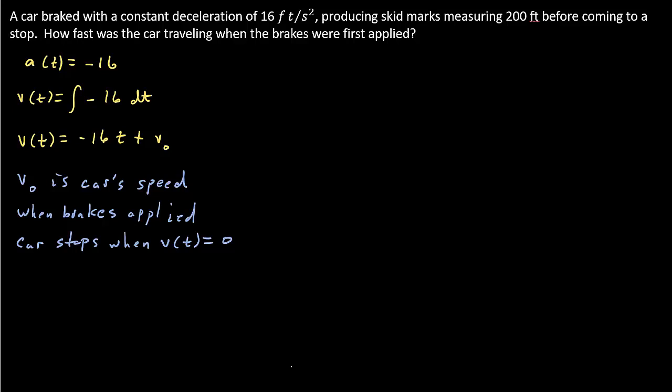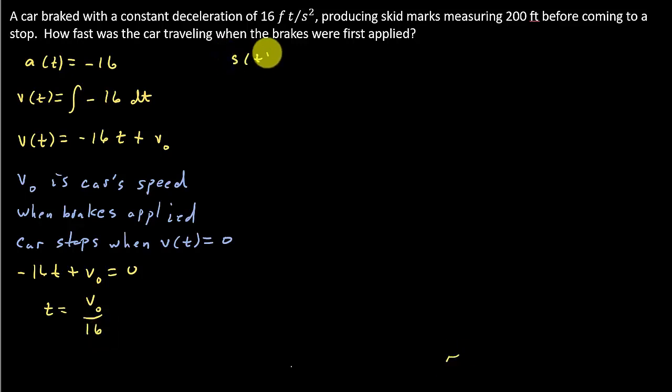All right. So if I do v of t equal to 0, that's negative 16t plus v0 equals 0. So that tells me t is v0 over 16. At that time, the car has come to a stop, and also at that time, the length of the skid marks was 200 feet. So let's come up with the position function.